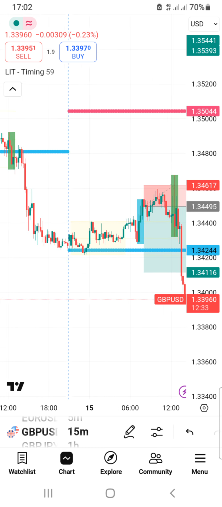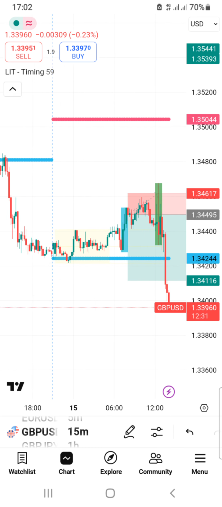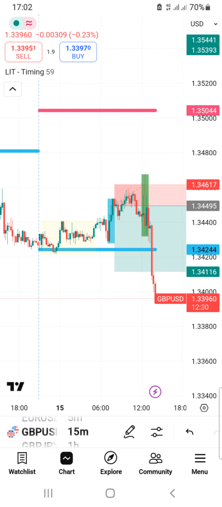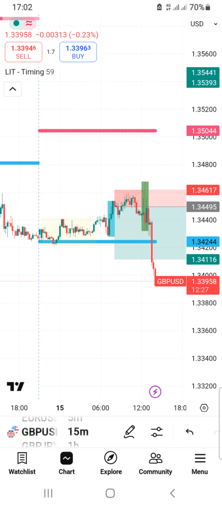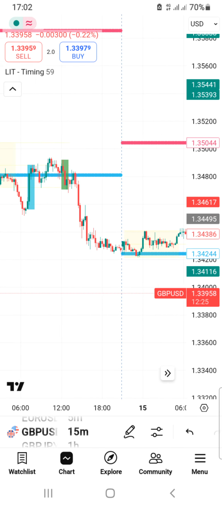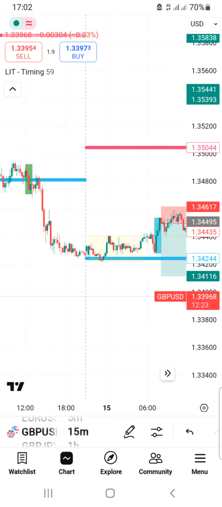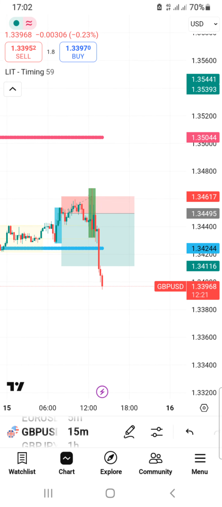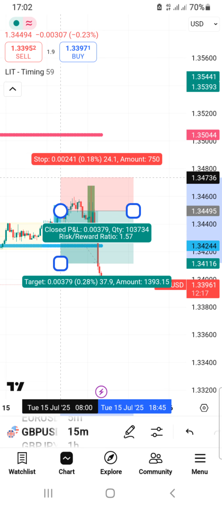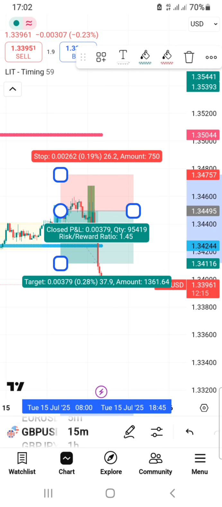So the mistake I did was I didn't see that the Asian high, the previous Asian high, was intact. So my stop loss was supposed to be up here.